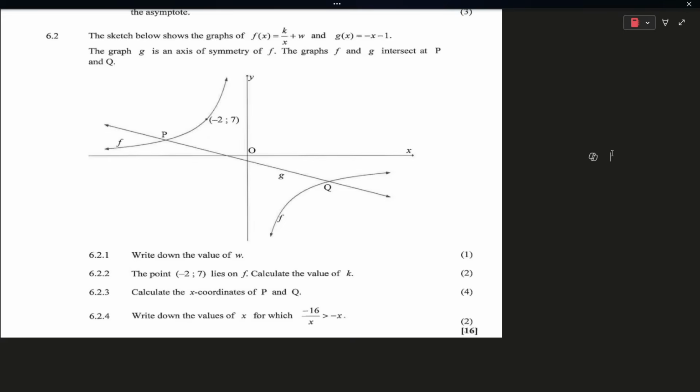Now we're told to write down the value of w. We know that w is the horizontal asymptote, the line that the graph will never touch. So if we check, what is that line here? You see, this graph at this part is close to 0. So it means that the value of w is 0. Okay?